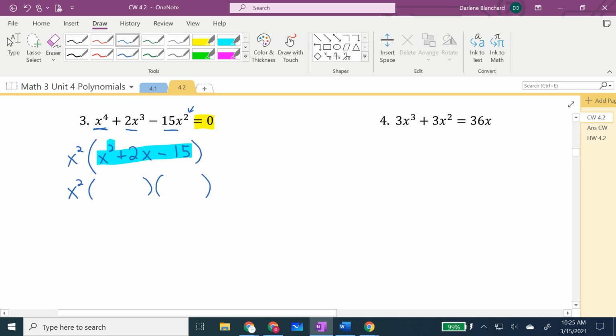And then as you factor, you're looking for two numbers that multiply to make -15 and add to make +2. Perhaps after a little bit of thinking, a +5 and a -3. When you multiply them, you'll get the -15. When you add them, you will get the +2. Then throw x's in front and it's factored.